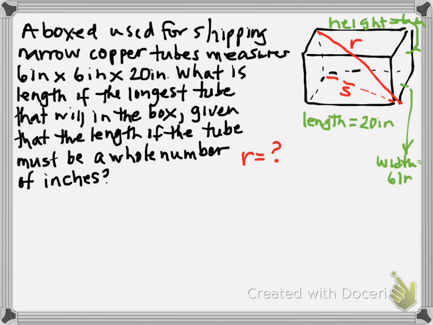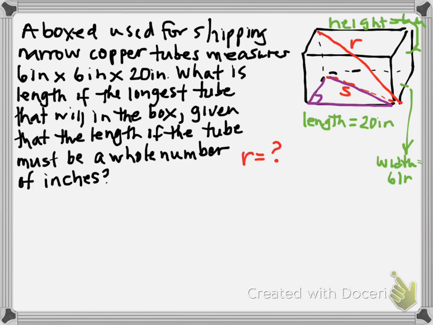In order for us to figure out R, we have to know S. Okay? So S, we'll color him differently. There's our right triangle. And we actually know the two legs. One leg is the length. What's the other leg that we know? That's the width of 6 inches, right?